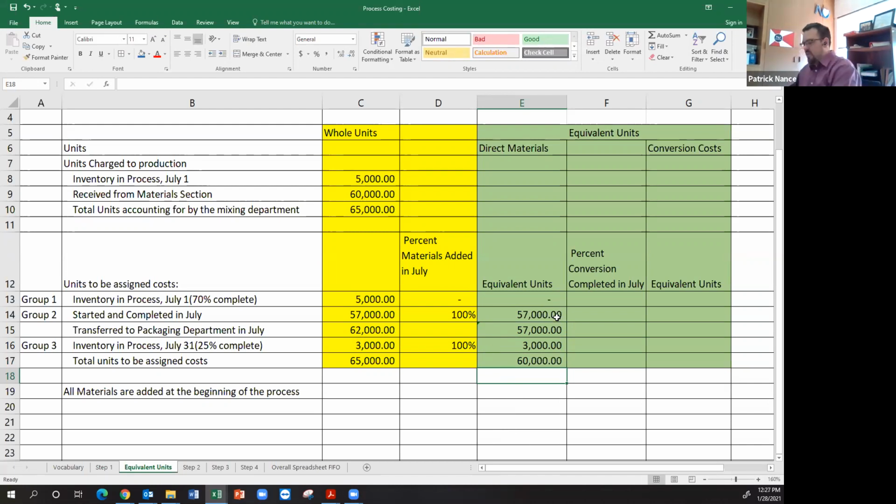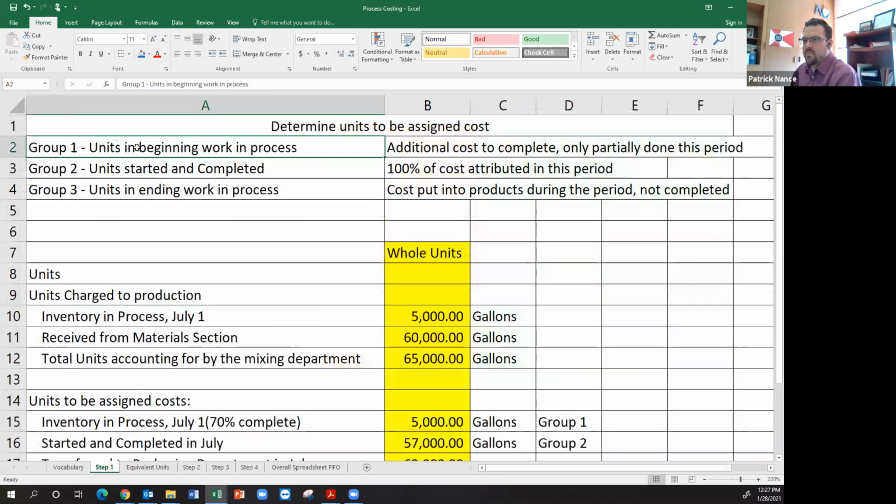Now, equivalent units for conversion costs. Conversion costs are not done all up front, so this is different. Instead, they are what these percentages talk about over here, the 70% complete and 25% complete. But what I'm looking for is how much is put into this process in July. So group 1 is units that were in beginning work in process, and we just need additional costs.